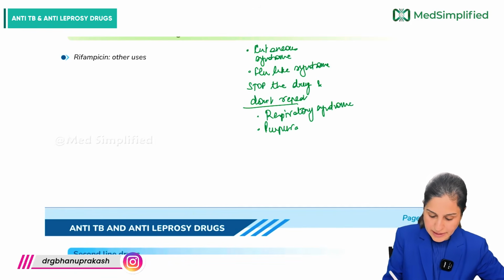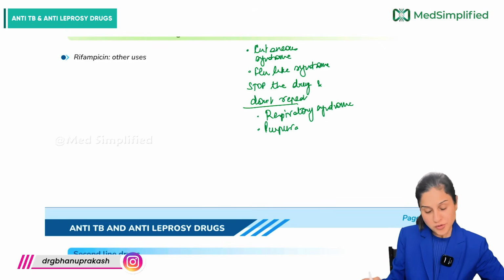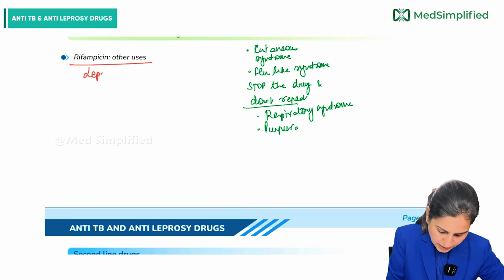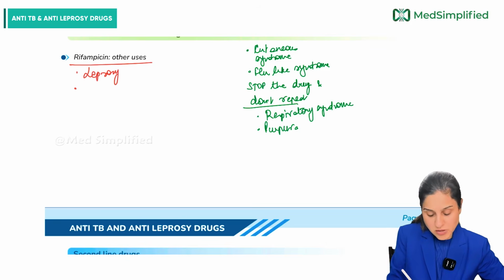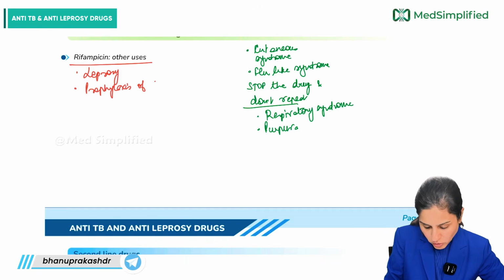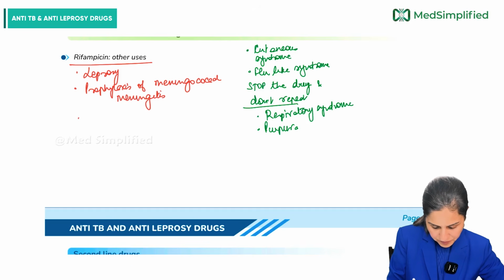Now rifampicin, apart from being an anti-TB drug, has other important uses as well. So what are the other uses? It is a very important drug in leprosy. It is used for prophylaxis of contacts of meningococcal meningitis.